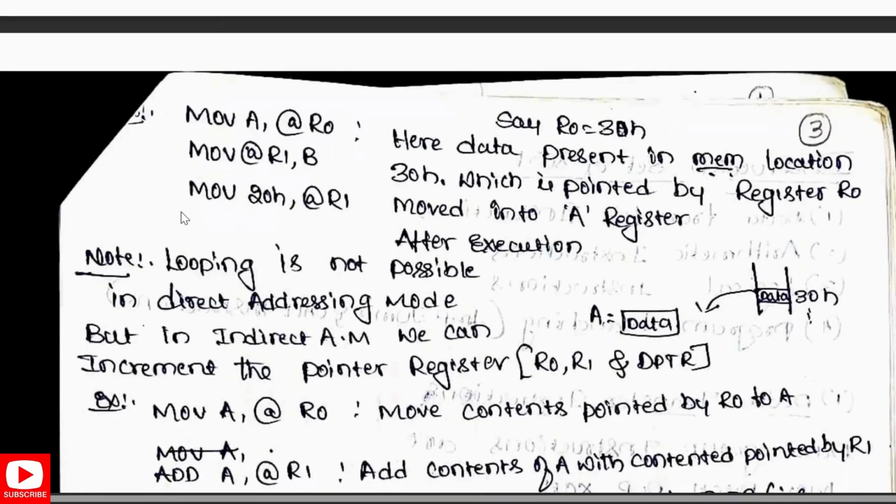See, MOV A, @R0 means the data present in the memory location 30H, which is pointed to by the register R0, is moved into the register A. Already 30H is mapped to R0. So now what is present in that R0's memory location gets stored in A. So indirectly, A gets the 30H memory location content.